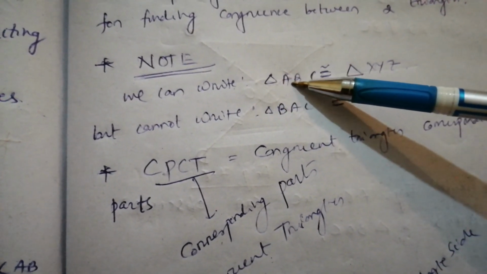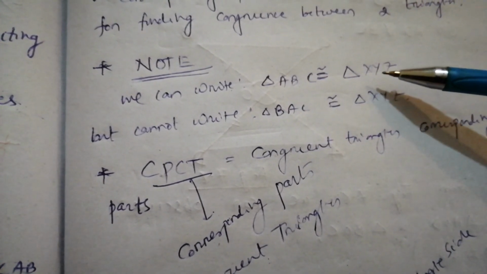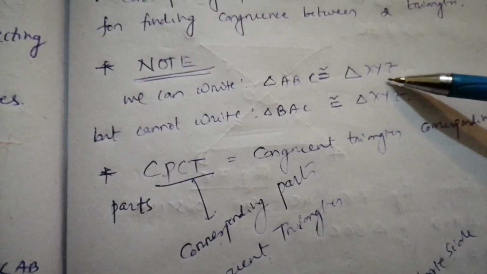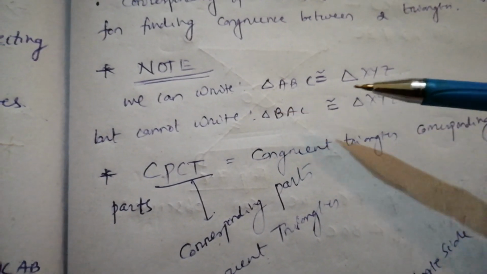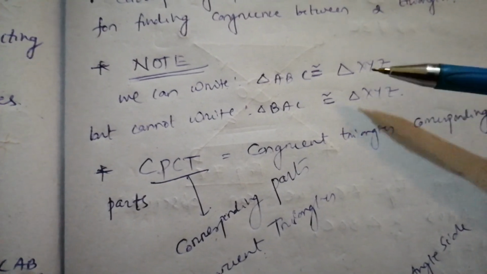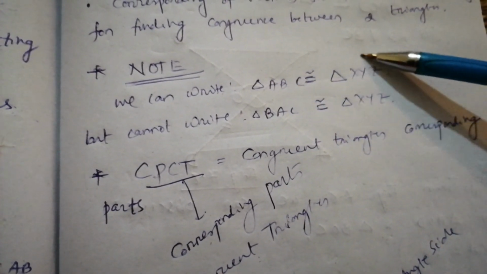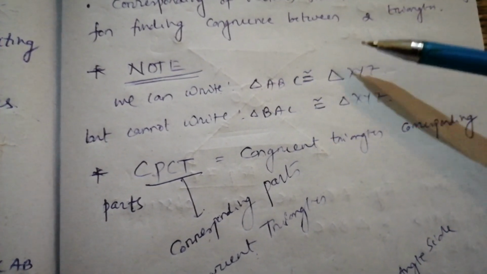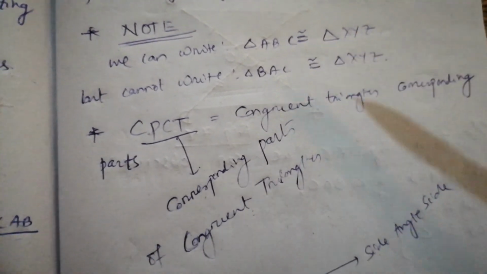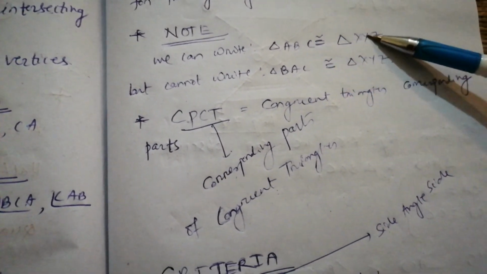Here vertex A corresponds to X, vertex B corresponds to Y, vertex C corresponds to Z, but here vertex B corresponds to X. This is not right. That's why we cannot write like this. So a sequence must be maintained while proving congruence between two triangles.